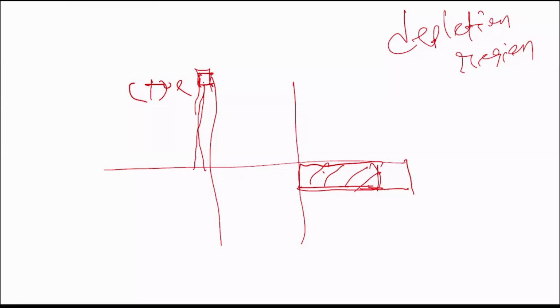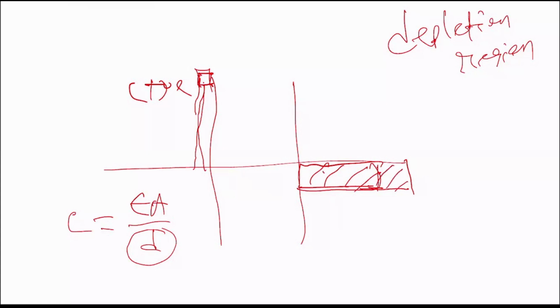The capacitance of a parallel plate capacitor is basically epsilon A by D. So if D increases, capacitance decreases, right? Think about it. We are having a thicker depletion region.